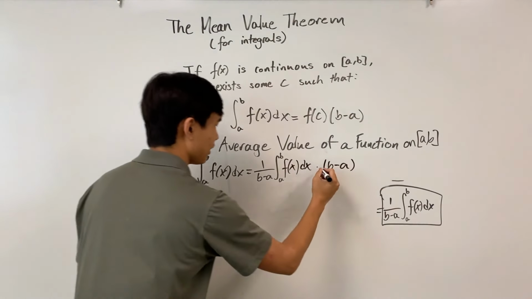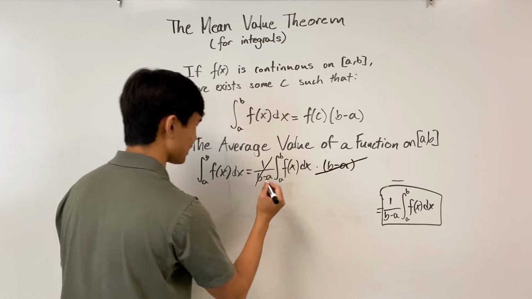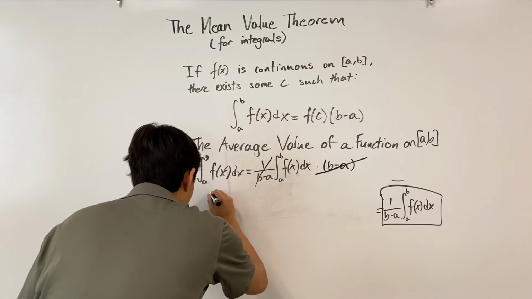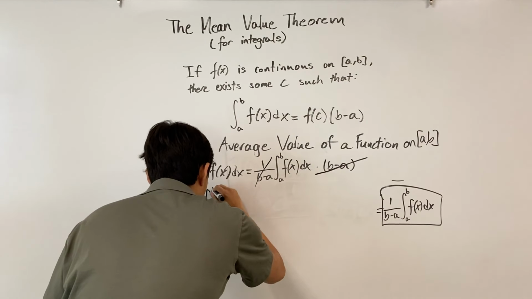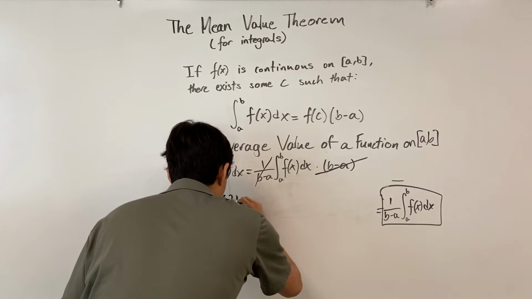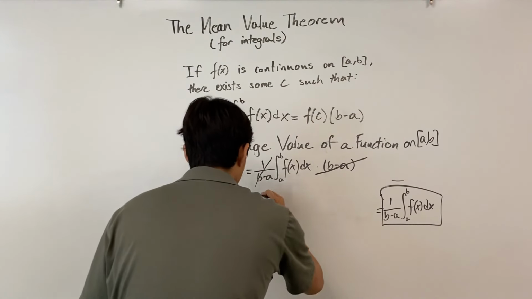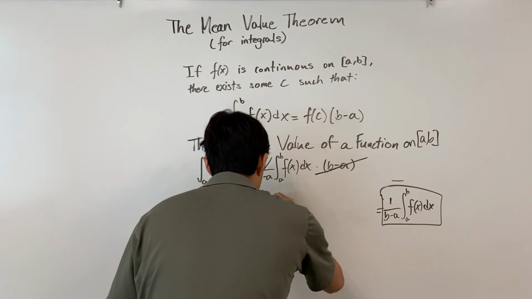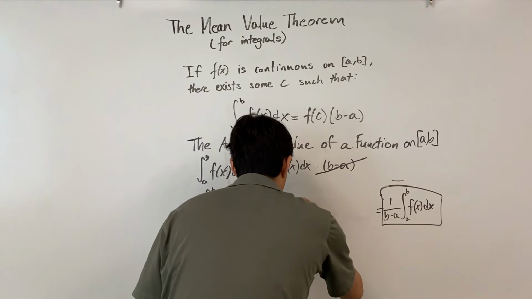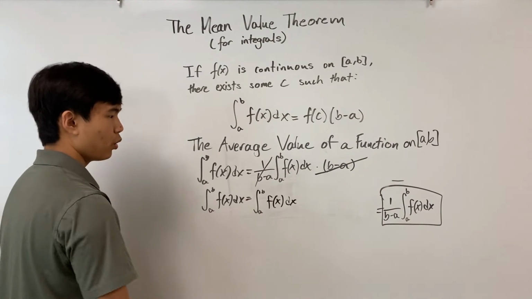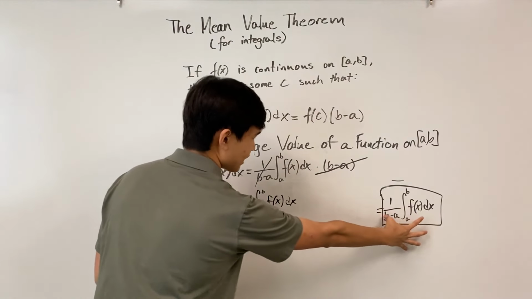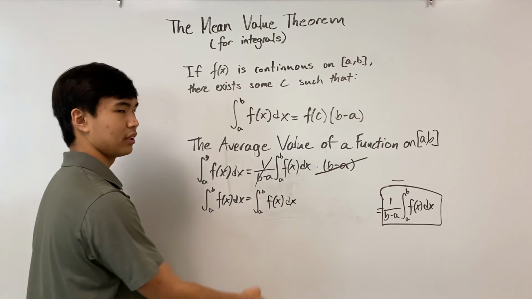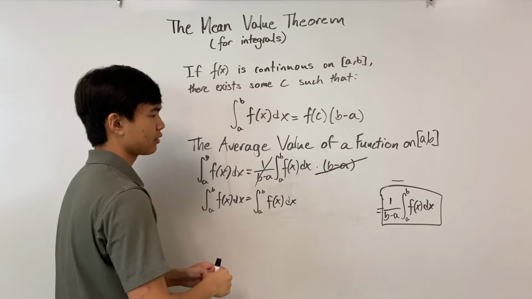And notice this and this cancel, so that gives us the integral from a to b of f of x dx equals the integral from a to b of f of x dx. This is an identity, which means that the average value of a function is f of c.